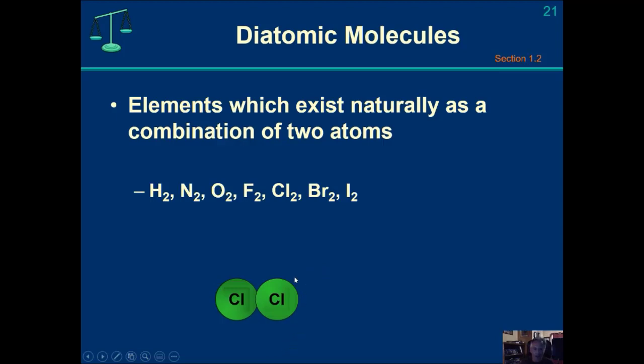Let's take a look at what it means for an element to exist as a diatomic molecule. Here is a chlorine, which is inherently unstable. We'll get to why later, but it's inherently unstable as a solo, what we call a monoatomic element. And so what chlorine does in the presence of other chlorine atoms is they will hook up and bond to another chlorine atom to become Cl2, which you can see as a diatomic molecule.